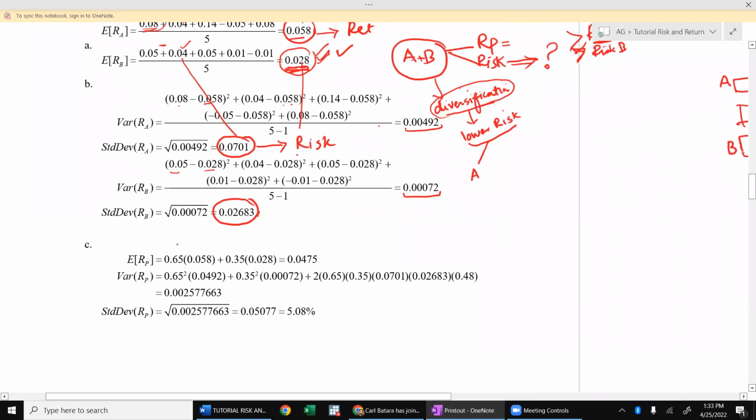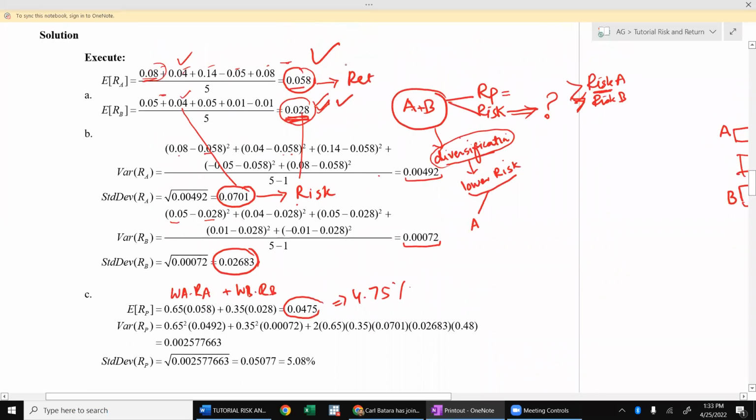We calculate the expected return: weight of A times return of A plus weight of B times return of B. The answer is 4.75%. Compare the return of A, 5.8%, and B's return, 2.8%. The answer is in between these two, so the return of the portfolio is lower than A but higher than B.